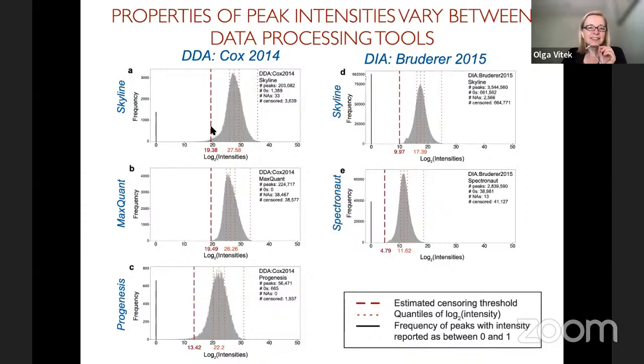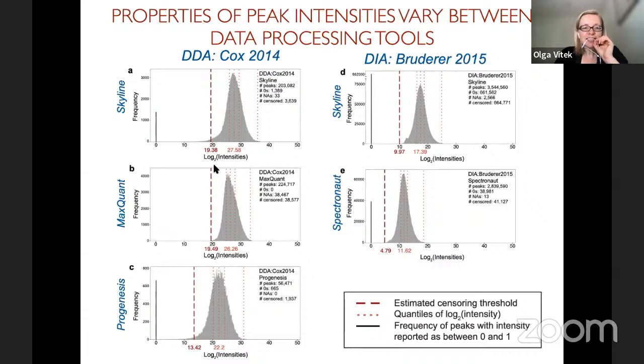There are two data sets here. One is the DDA data set by Jürgen Cox from the original LFQ paper. This is the DIA Bruderer data set. Brandon talked about this data set last week. Each data set is processed by Skyline, by MaxQuant in this case, Spectronaut in this case, and also by Progenesis in this case. And this is the work by Mina Choi.